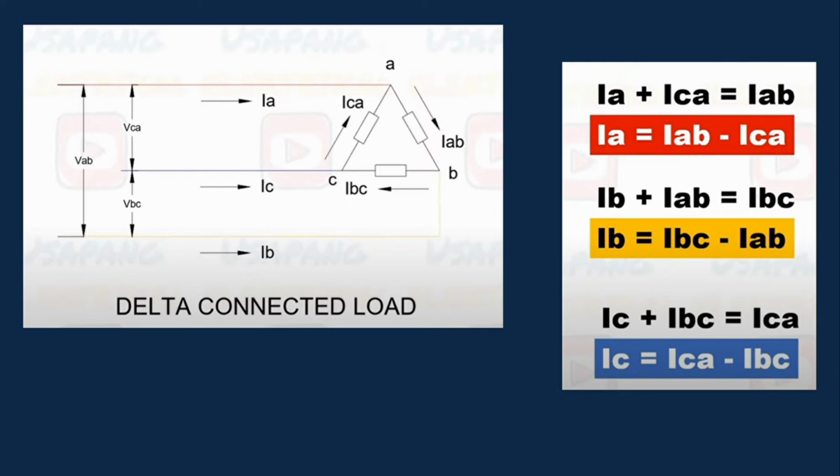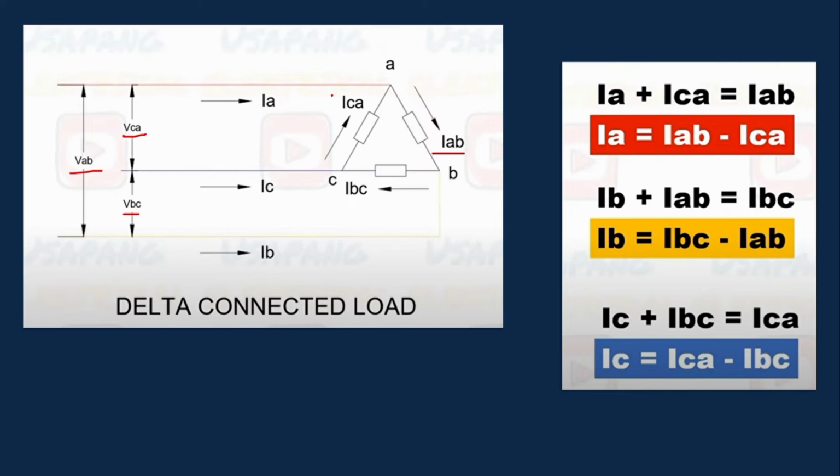Sa delta connection load, ang phase voltage nito ay laging equal sa line-to-line voltage. So, ito yung mga line-to-line voltage. For example, dito ay ang IAB.